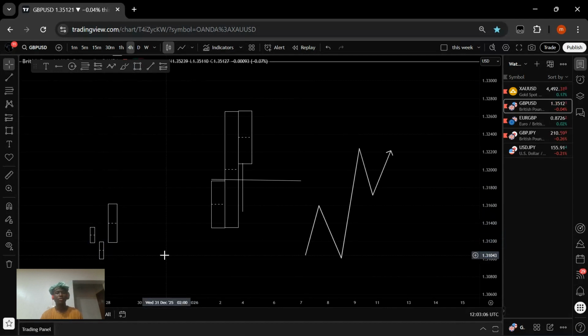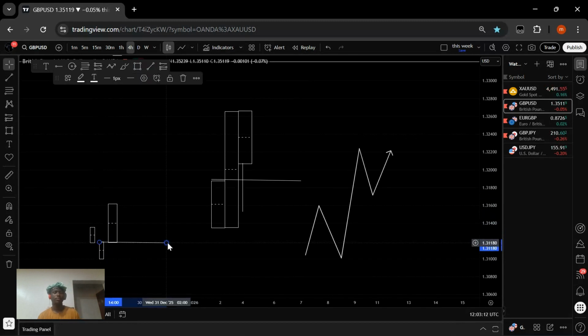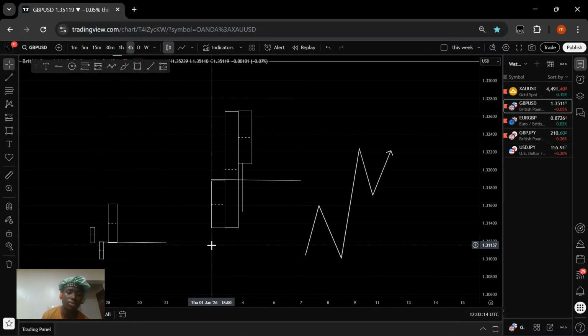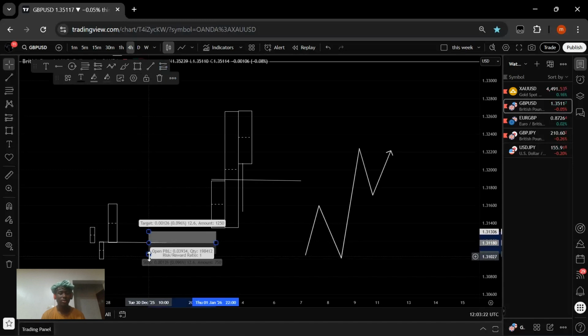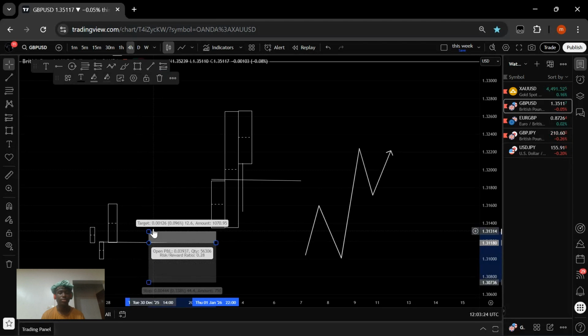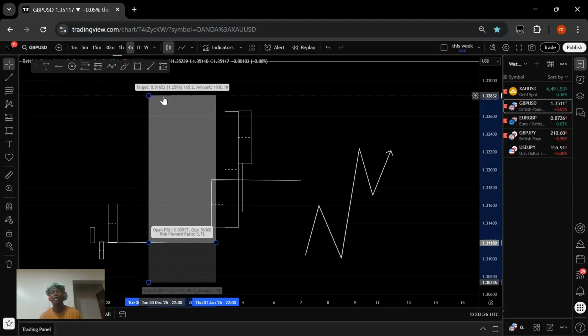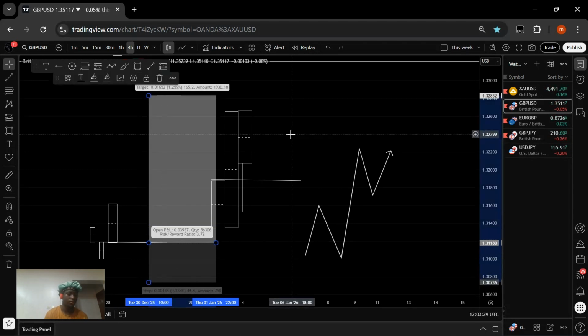Then this would be the fair value gap on balance, but I don't read fair value gap, so I don't really regard it. This is how most of the time it's going to look. Then you take your entry maybe at this level, something like this, and cover up the wick, and then boom, you aim for the high or the structure, whatever it is you are looking for.